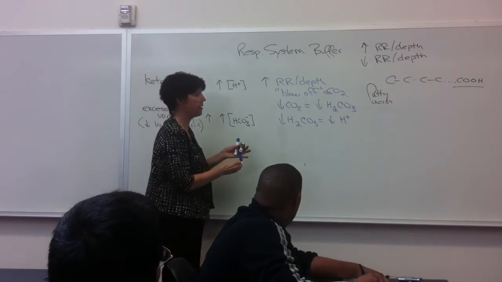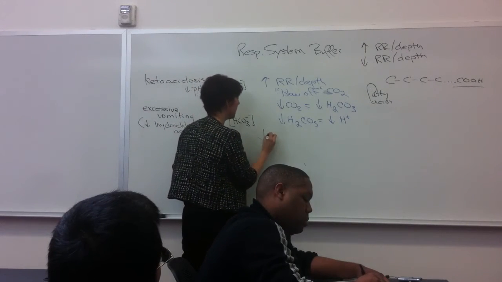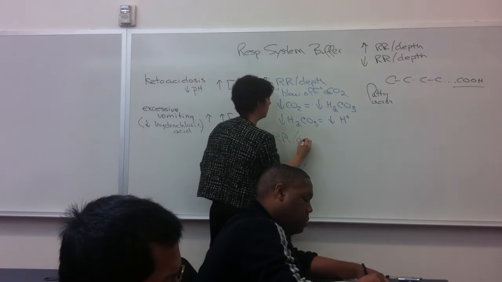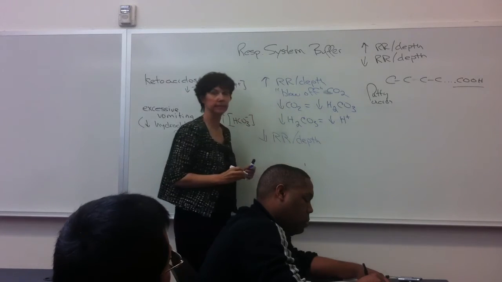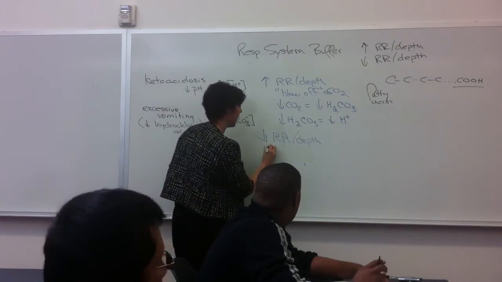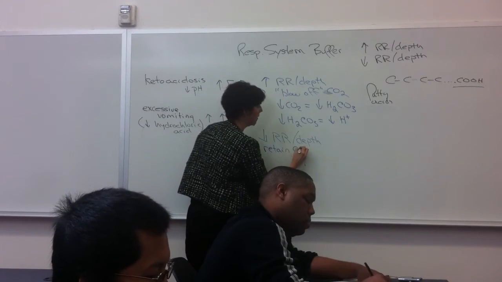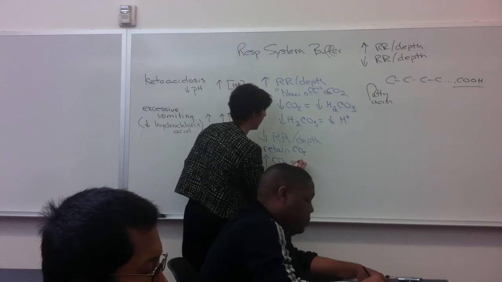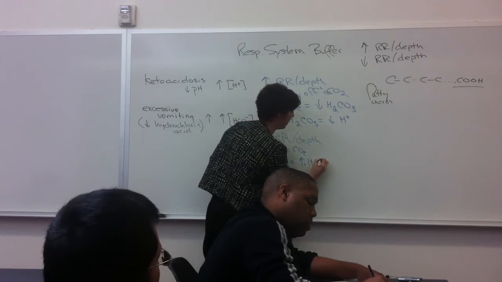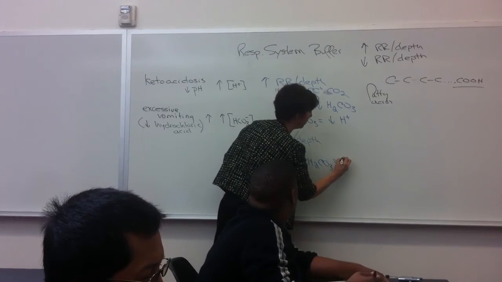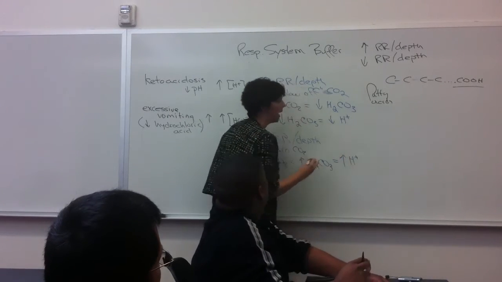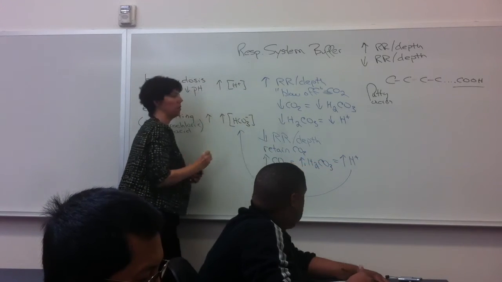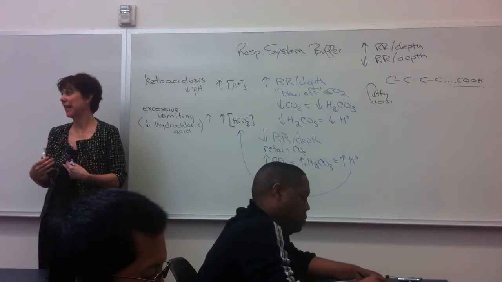So the respiratory response is going to be to decrease our respiratory rate, have more shallow breathing, and that will cause us to retain carbon dioxide, and an increase in carbon dioxide will equal an increase in carbonic acid, which will equal an increase in hydrogen ions. And those higher hydrogen ions will bind to our bicarbs and neutralize them.